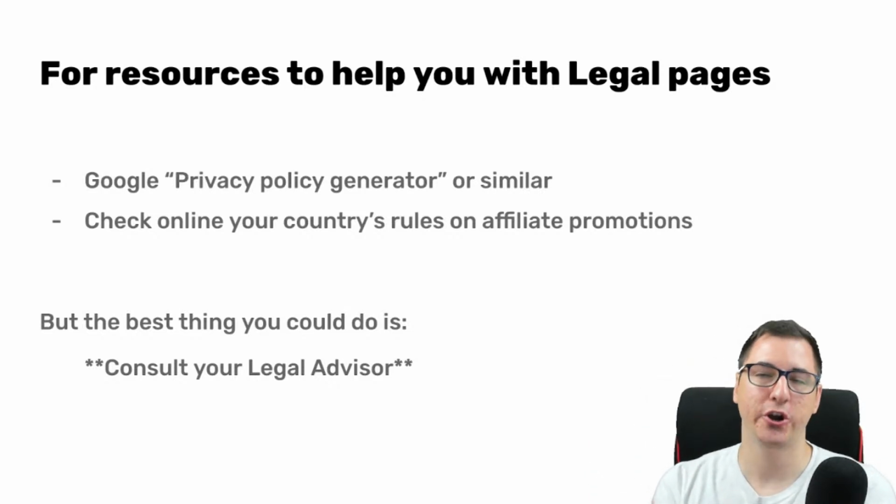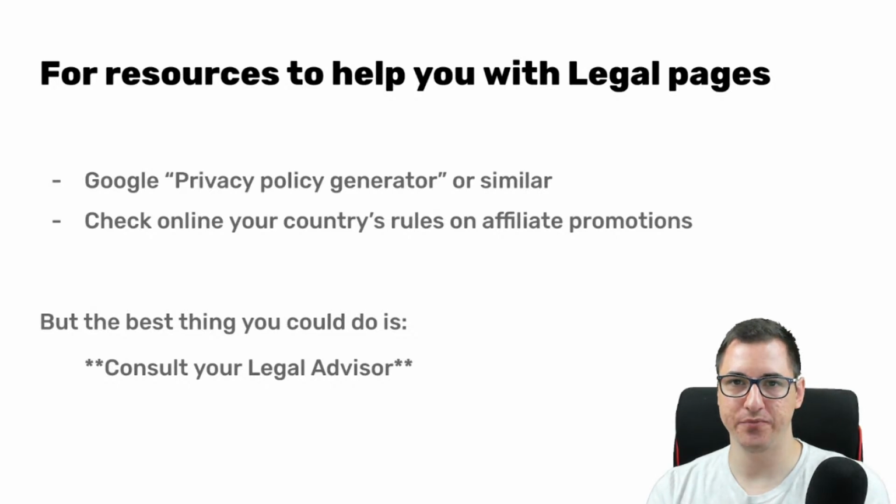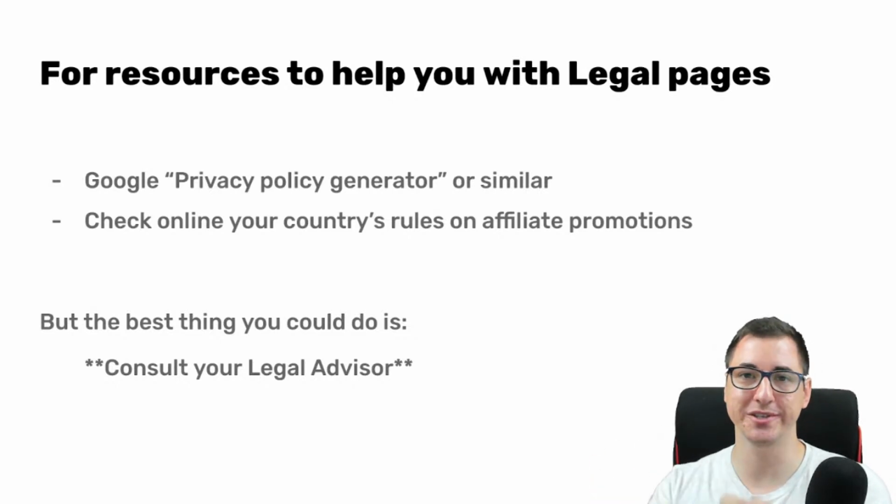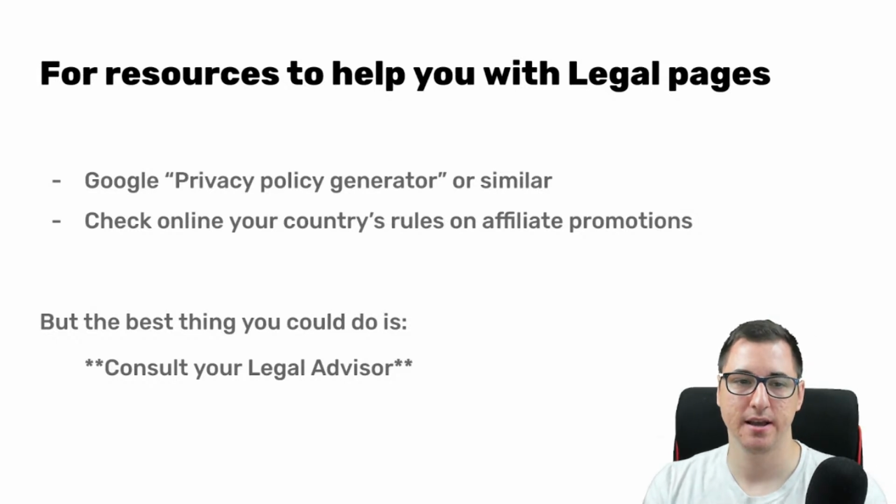You could just copy and paste the text that you generate and use that in your sites. You could also do a bit more research and check online for your country's, state's or county's rules on affiliate promotions, and how they are dealing with privacy regulations and things like that. So you may want to check that as well.